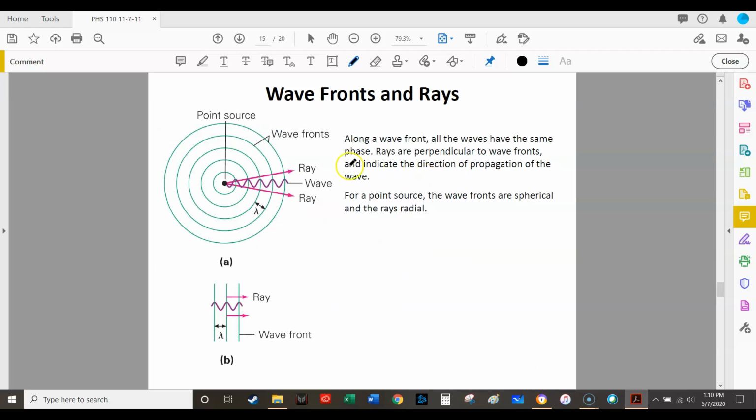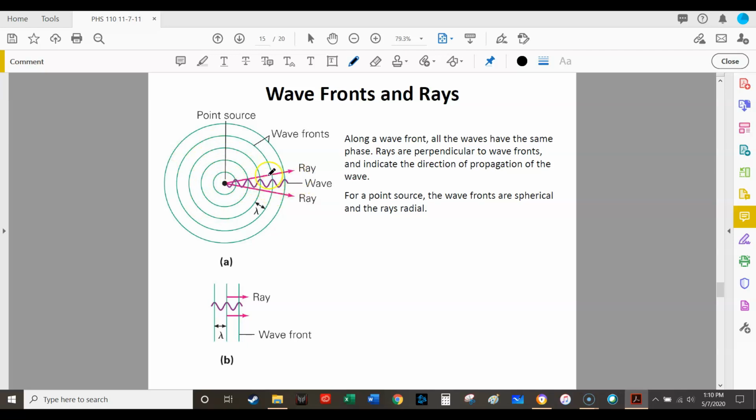Well, earlier we had talked about how light travels as waves, right? So here's another picture of what I drew earlier. You drop a stone in water, and you're looking down on the water. You see little ripples emanating, and those are the waves.